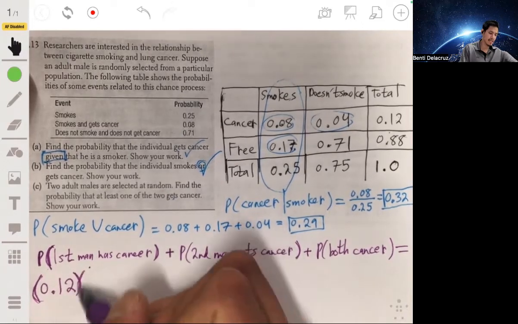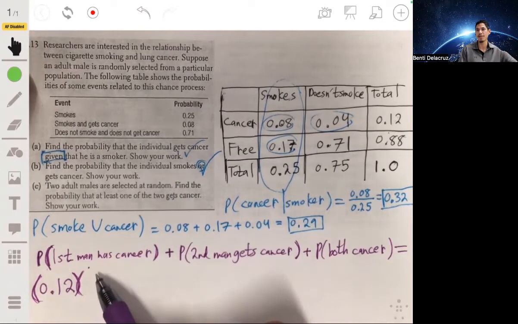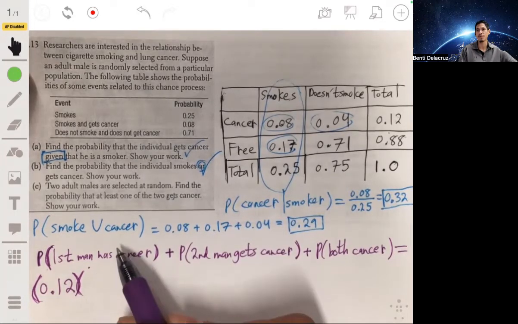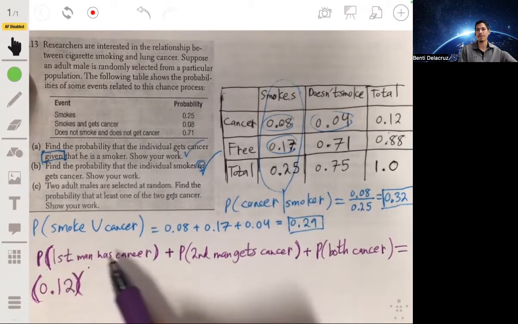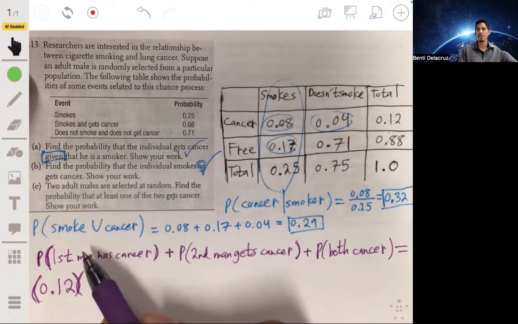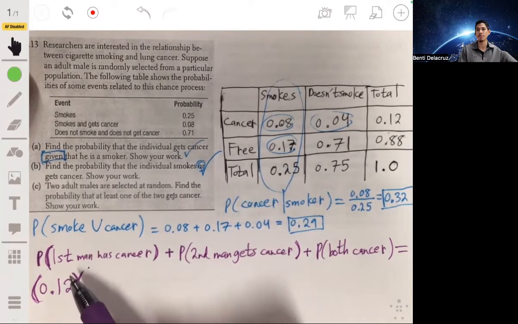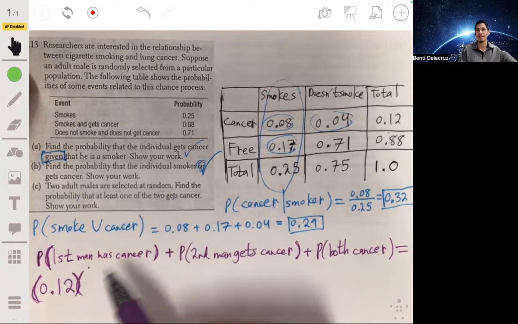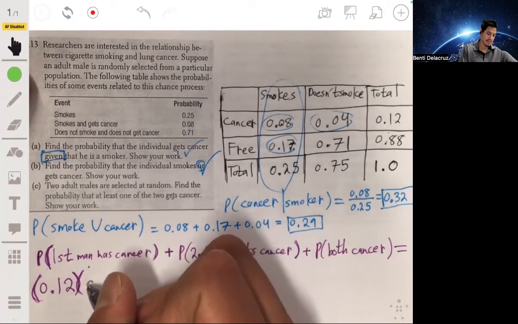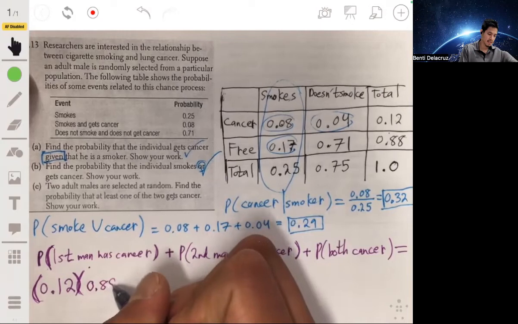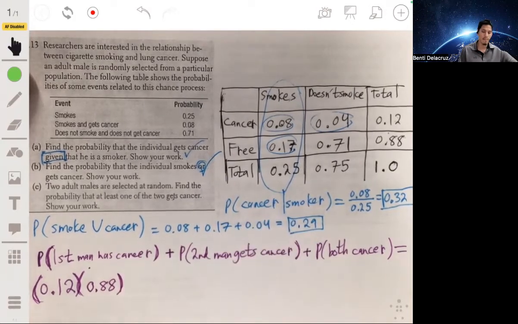Now, since you're selecting two, here's what you've got to think. I probably should have written that. So what we're actually looking at is that the first man has cancer and the second man doesn't have cancer for this to happen. So the probability of the first man having cancer is 0.12. The probability of the second guy not having cancer is 0.88. So we multiply that.